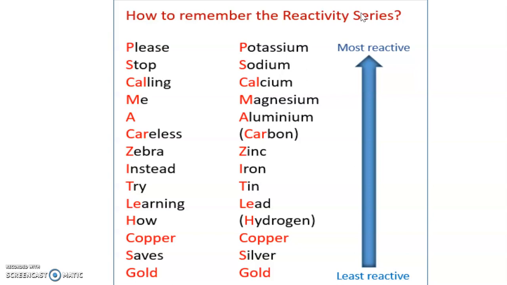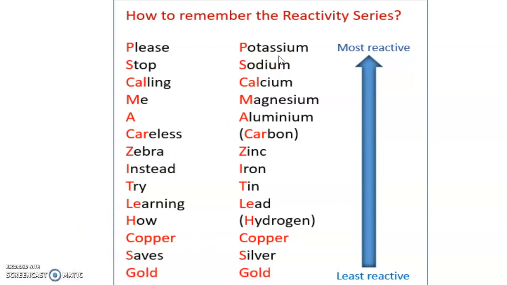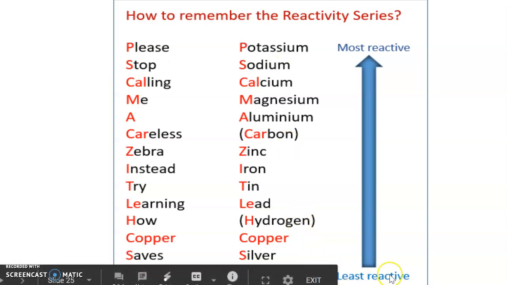Decreasing order means the most reactive metal is placed at the top and the less reactive metal is placed at the bottom, right? So here potassium, which is at the top of the series, is the most reactive metal, and gold, which is placed at the bottom of the series, is known as the least reactive metal, right?